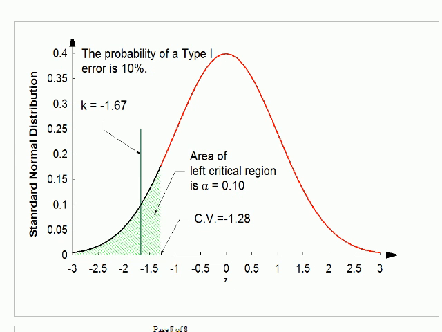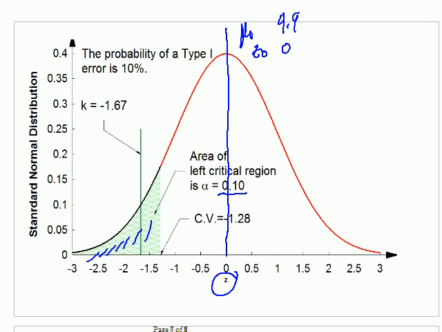And here's a graph of the situation. So again, we've gone to using Z values. Alright. And the previous mean was transferred into, so this is your mu naught, which previously was 4.9, but its Z value is 0. Okay. After you choose your confidence level, or your alpha, it means this area has to be 0.10. You can find the critical value, which we used to call Z alpha.